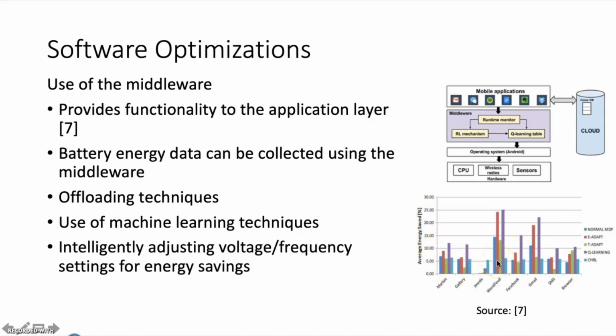The main takeaway of this literature survey is that there are only a few hardware techniques that can be done. You can do clock gating or DVFS, which are only a few, but there are many more software techniques, like code optimization and the use of the middleware.